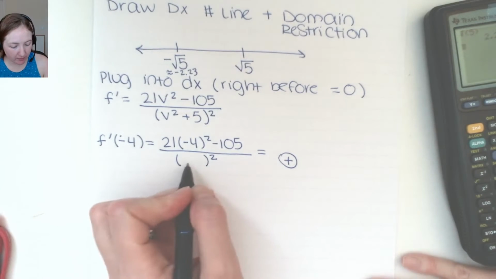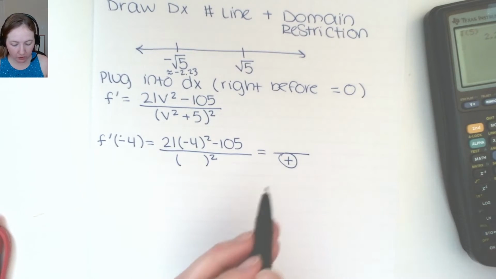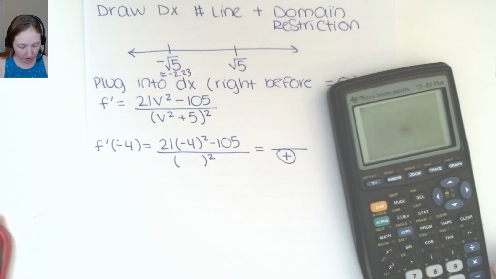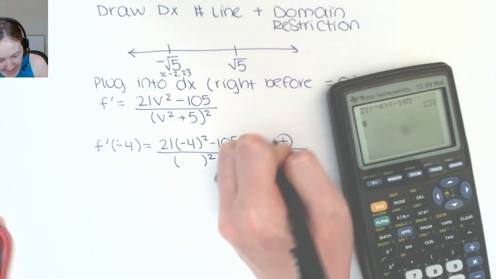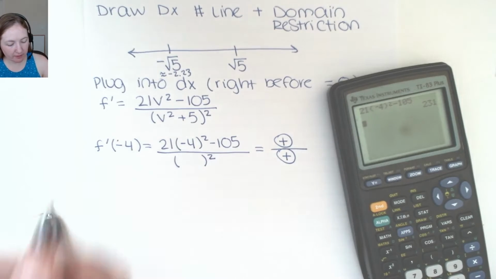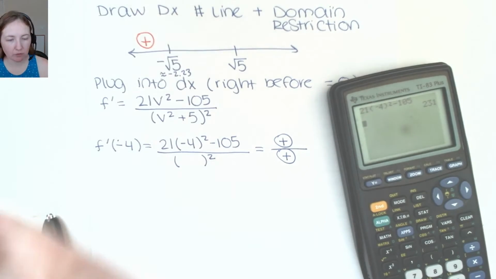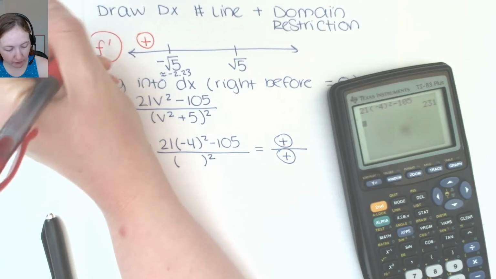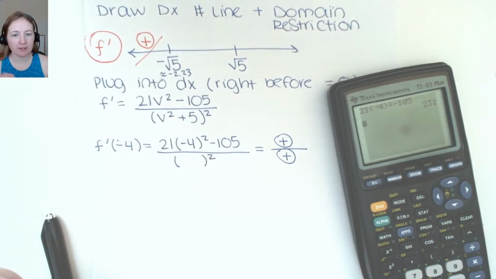Yes, I can plug in the negative 4, or I can notice that it's v squared, anything squared is going to be positive. So then it really just boils down to what is that numerator quantity, and that is a positive. So we have a positive over a positive telling us that this first interval is positive. And because we're plugging into that first derivative, that is telling us that we're increasing.